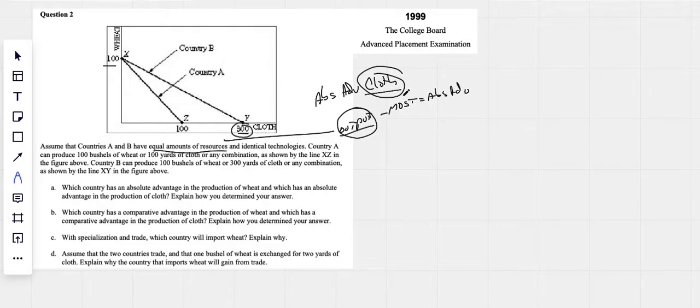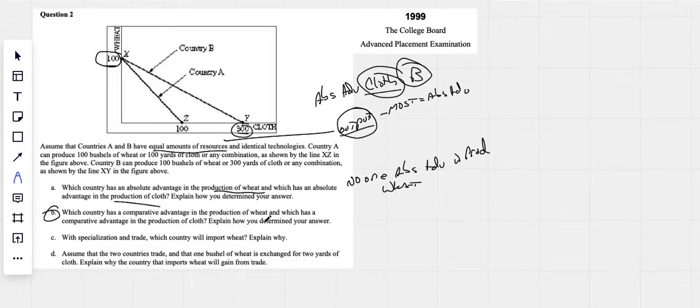Who has absolute advantage in the production of wheat? We can see they both produce the same amount of wheat, so no one has absolute advantage in the production of wheat. Cloth, we already answered, is B.